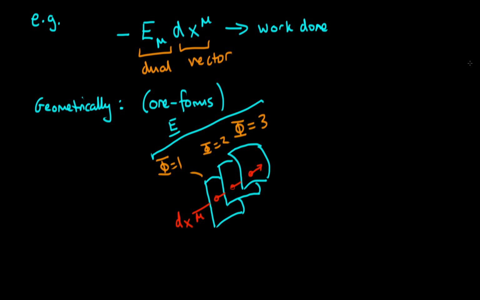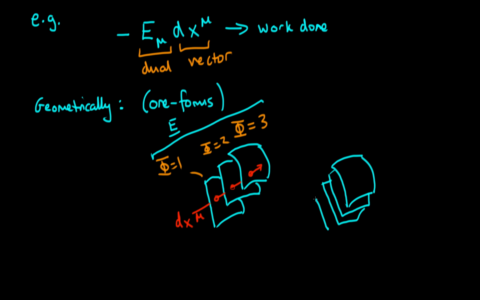So if we had a stronger electric field, then we would have a higher frequency or density of these surfaces. So we might represent that similarly to before by drawing a series of parallel surfaces, although now we're going to imagine that they're much more densely packed than they were previously.